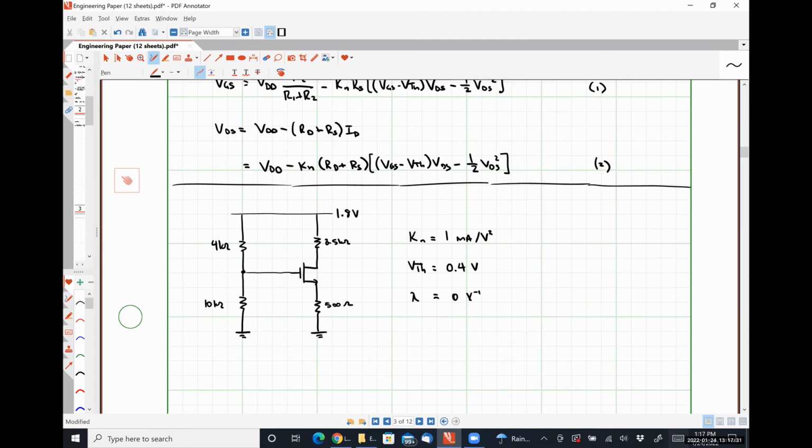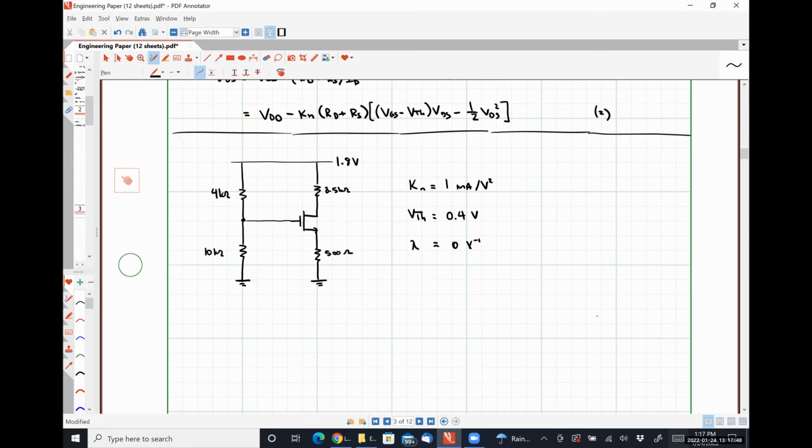So that we know we can use the equations that we've just developed because we are neglecting the effects of channel length modulation. Okay. These are the only parameters that we need to work with, okay? So we would start by assuming saturation region operation.